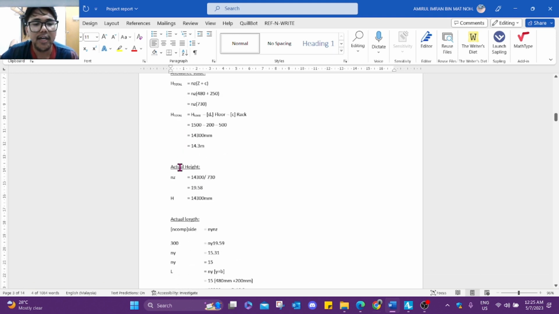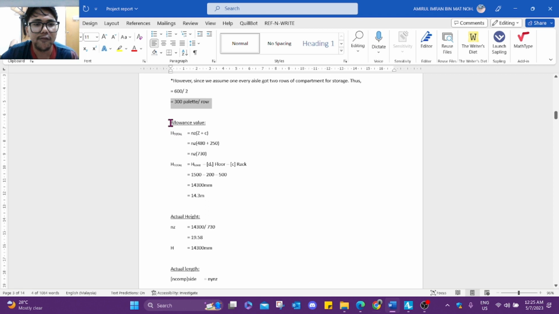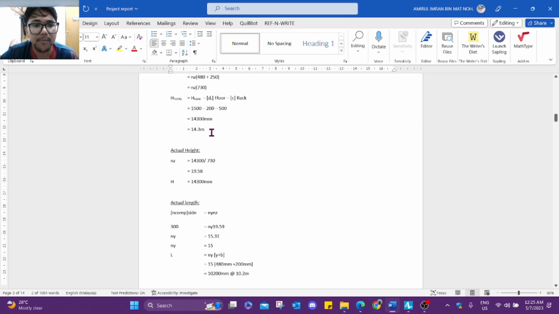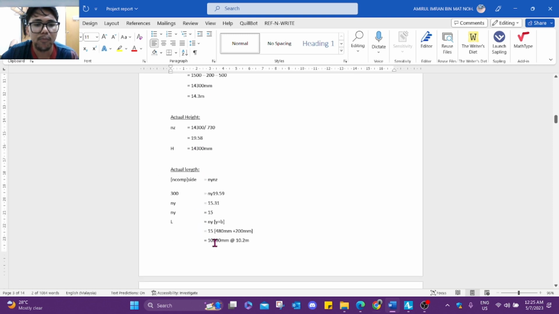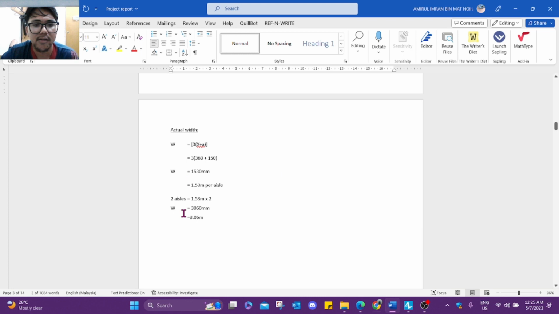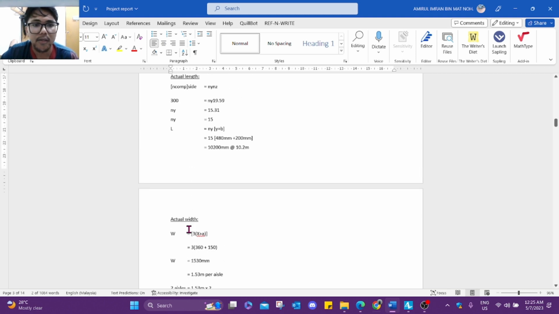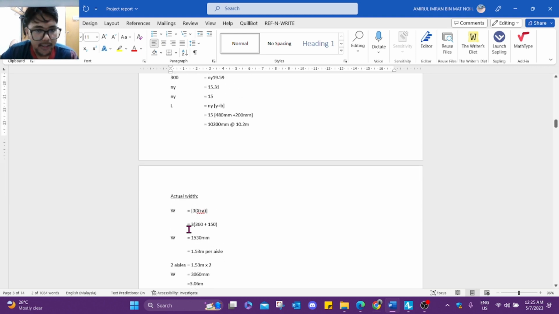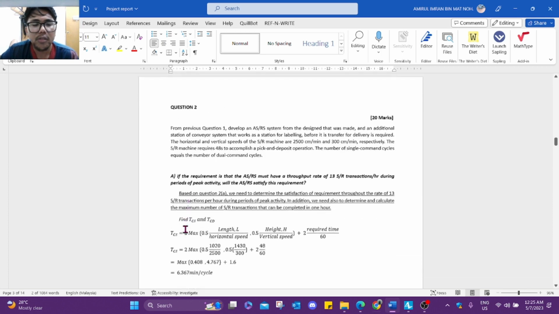The actual height, including the allowance values calculated previously, must be at least 14.3 meters, the actual length around 10.2 meters, and the actual width around 3.06 meters. All these values will be used to set up the properties of our ASRS system in the simulation later. Now we go on to question number 2.